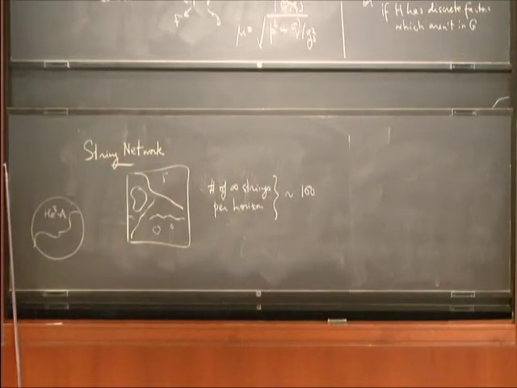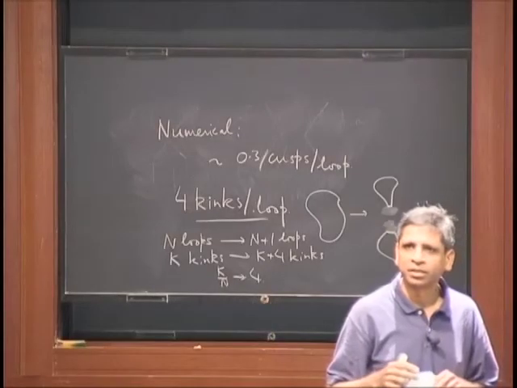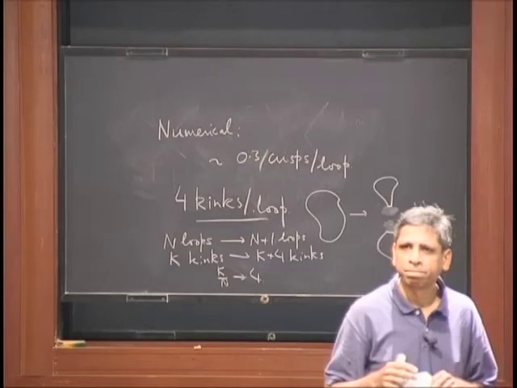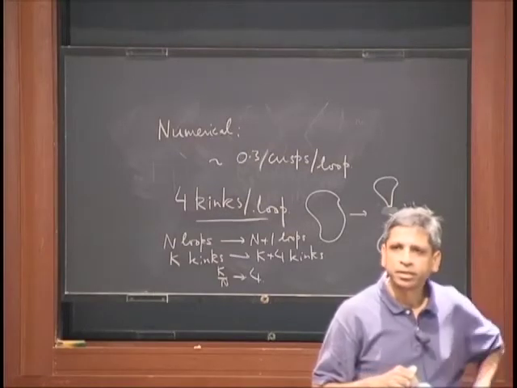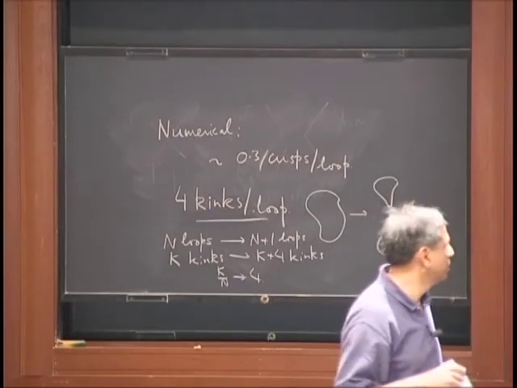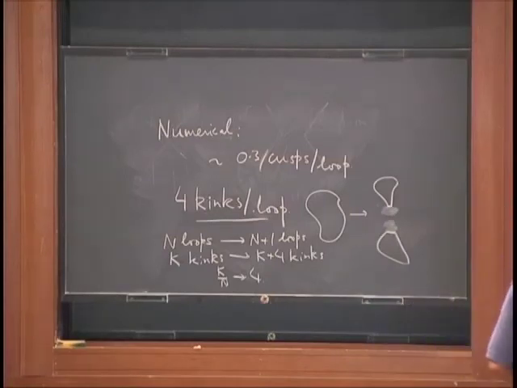I'm just curious, in these numerical simulations, how many string lengths can they run for? In terms of the correlation length, how many correlation lengths can the simulation run for when you're trying to figure out what happens to the number? Well, they are running these in an expanding box.